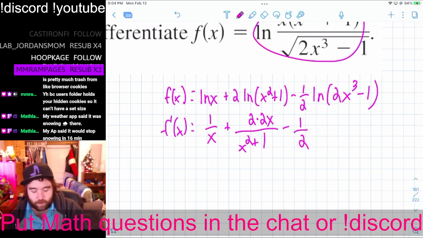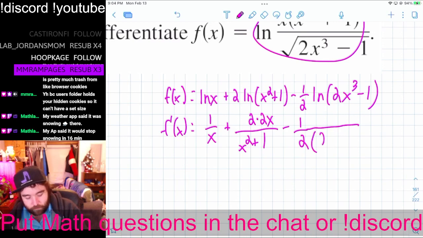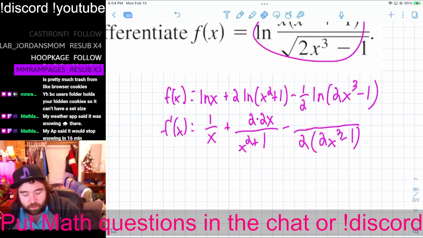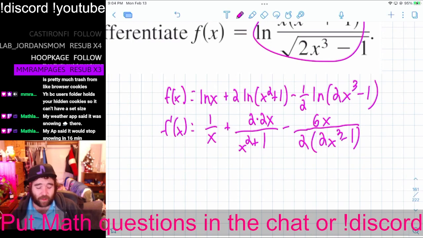Minus is already harder. And then 1 over 2x cubed minus 1. So, of course, that 2 joins that on the bottom. And then we're going to multiply by the derivative of the top. So we just have a 1 on the top so far, so we're going to be multiplying by a 6x squared on the top. Decrease the power by 1.